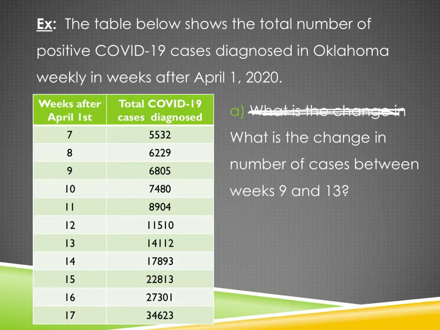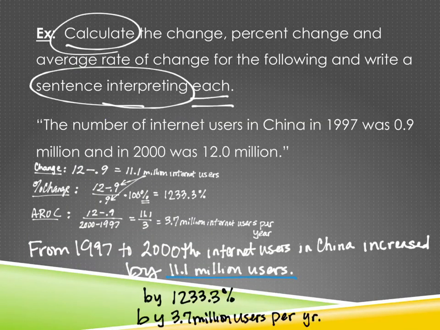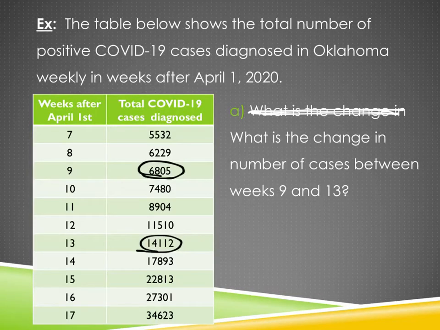Okay, well, week 9 is here, and week 13 is here, right? So it's not given to me in a sentence form like it was about the Chinese users of the internet. Instead, it's given to me in a table. But what would I do to find the change? Just subtract.